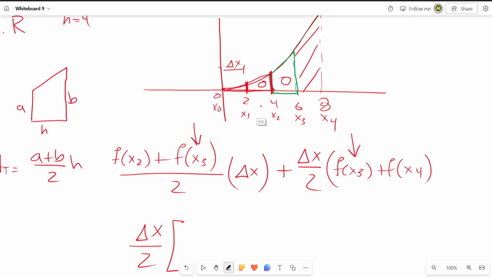But which sides are not shared by 2 trapeziums? We have 2 sides. The first side over here is only in this trapezium, and the last side, right?